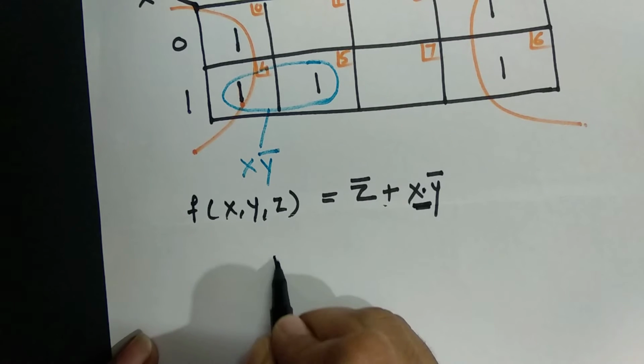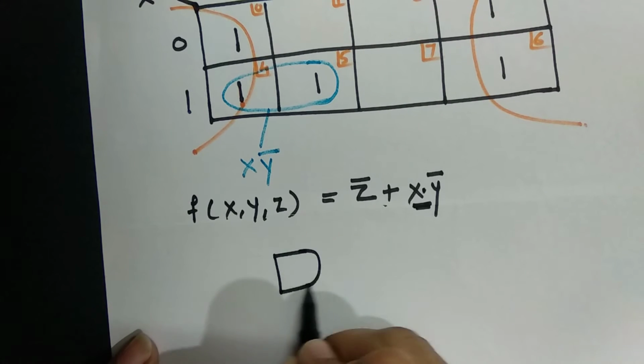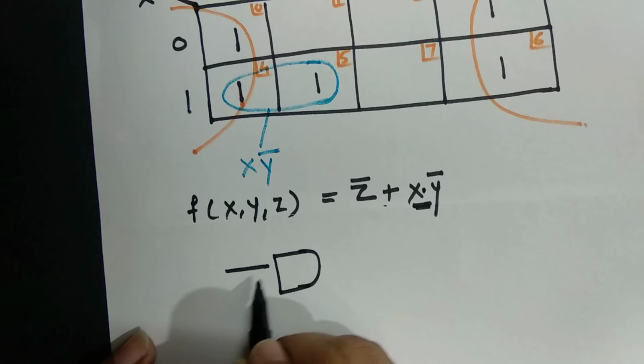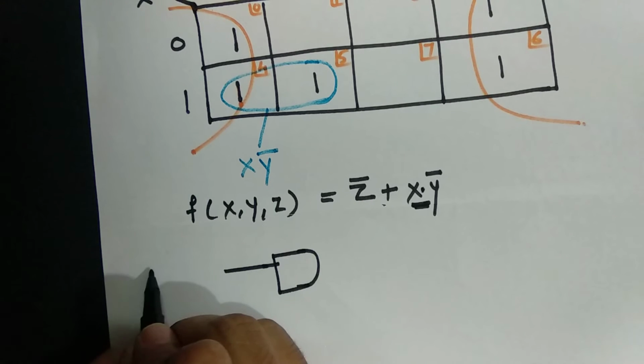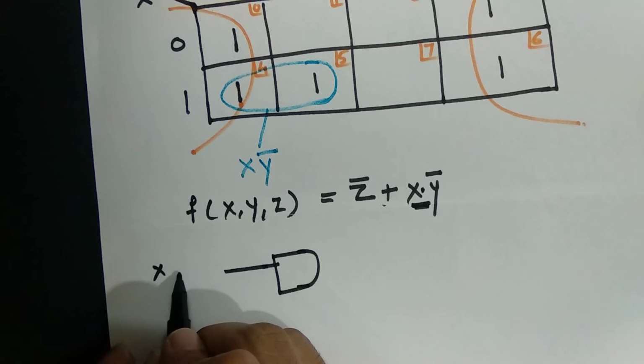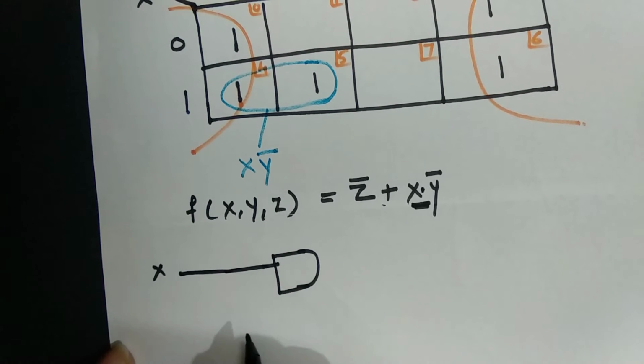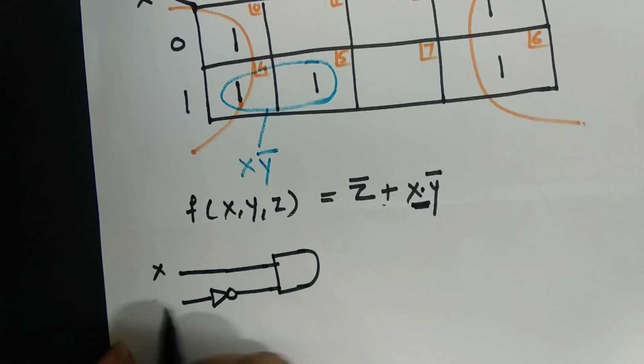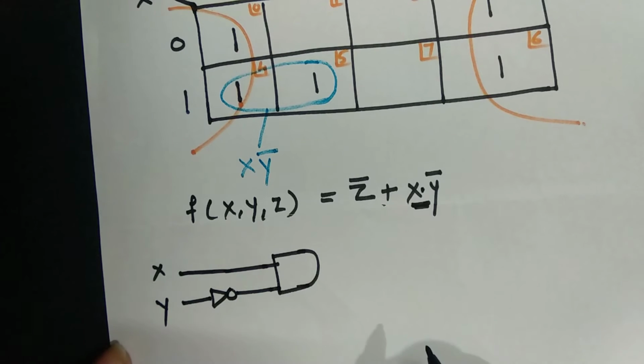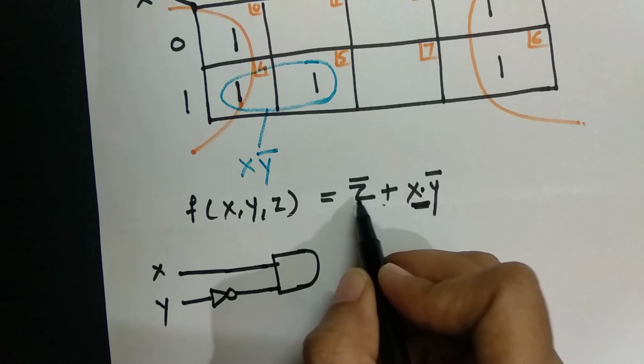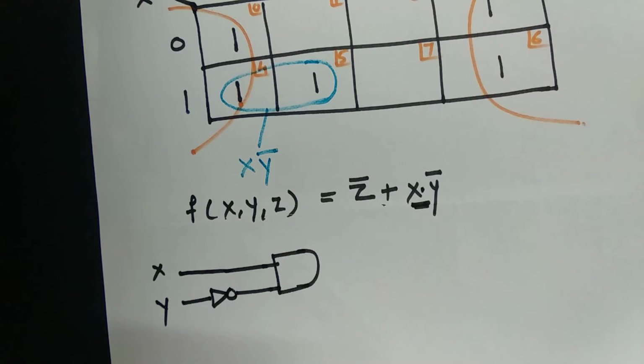Okay, so first we will draw for x and y. We will have one AND gate. This will be x and y is barred, so this is y bar. Okay, next term is your z bar.